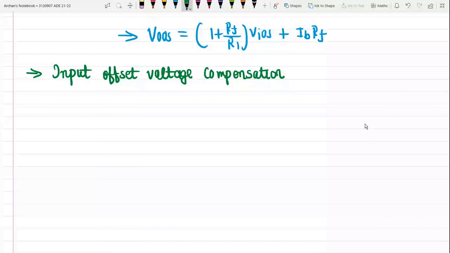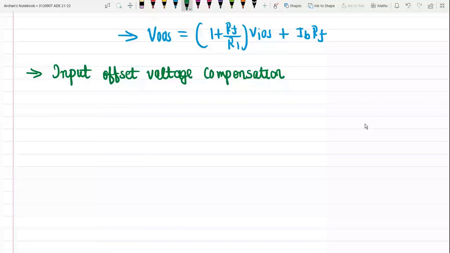So to reduce the output voltage to 0, we use a circuit which gives us flexibility of obtaining input offset voltage of proper amplitude and polarity. And such a circuit is called input offset voltage compensating network.